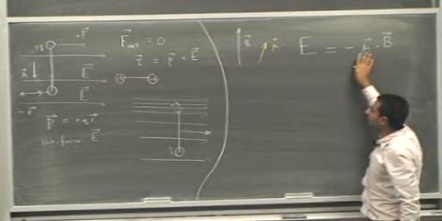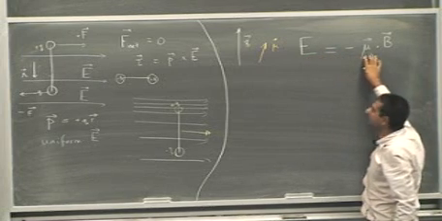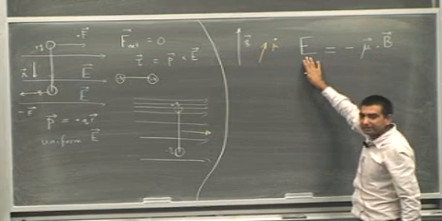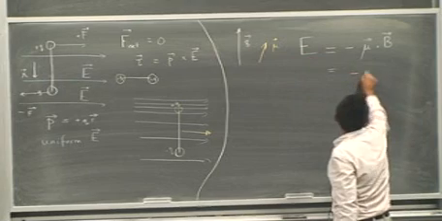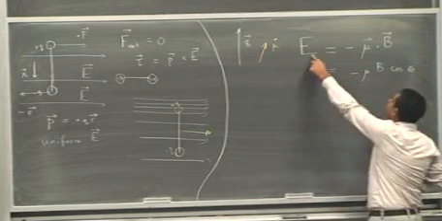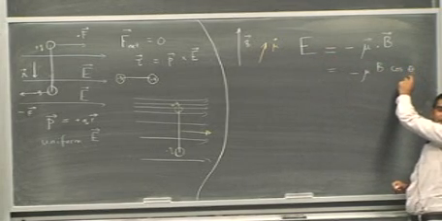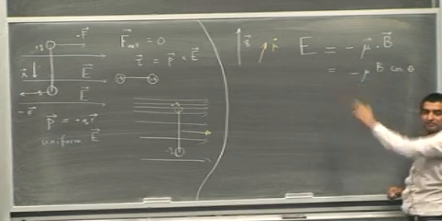When the angle between them is 0, then energy is minimum. When the angle is 180 degrees, the energy is maximum. In order to minimize energy, theta has to be 0.